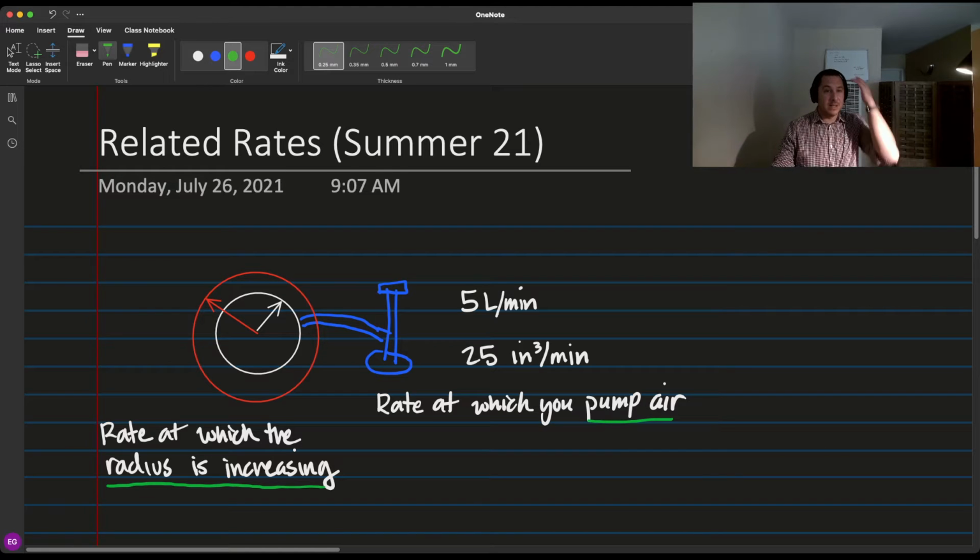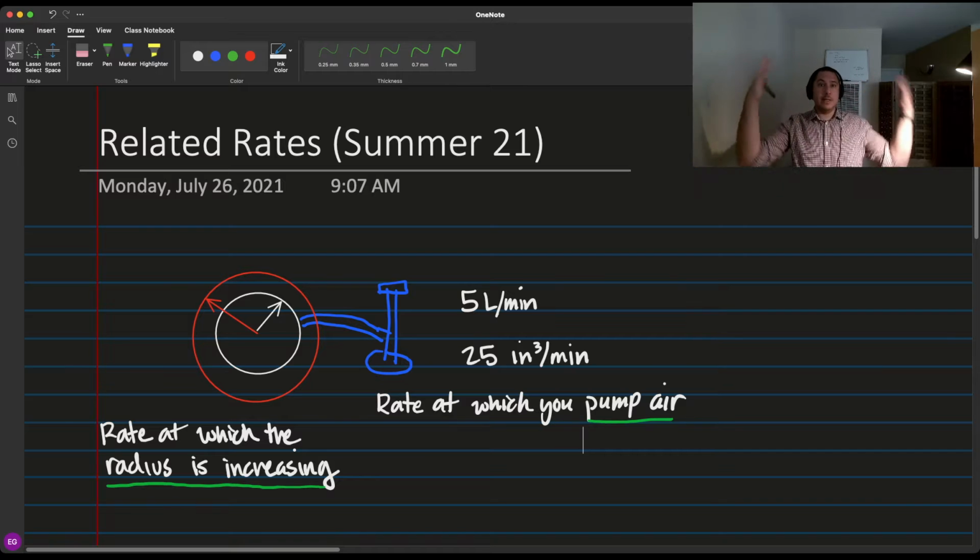There's a connection there. If you pump in air at a higher rate, the radius will increase at a higher rate as well. Does that make sense? If you pump real slowly, the balloon is going to expand real slowly. If you pump real quickly, the balloon is going to expand real quickly, relatively speaking.